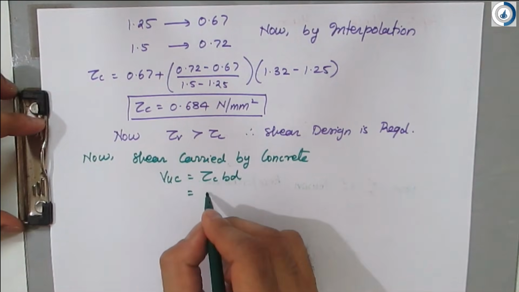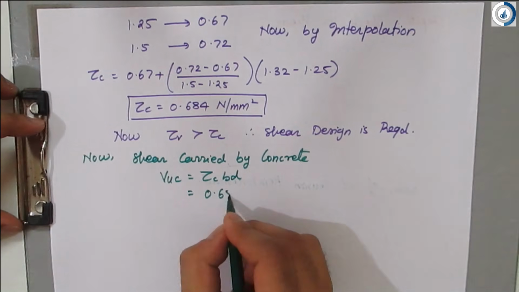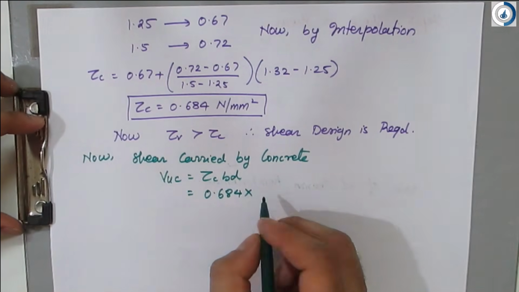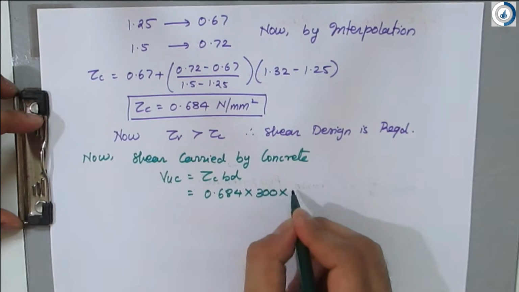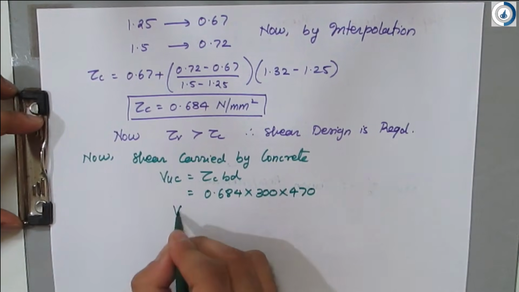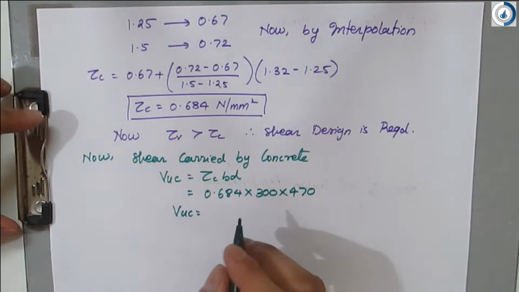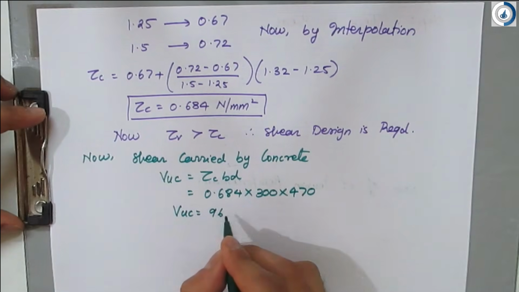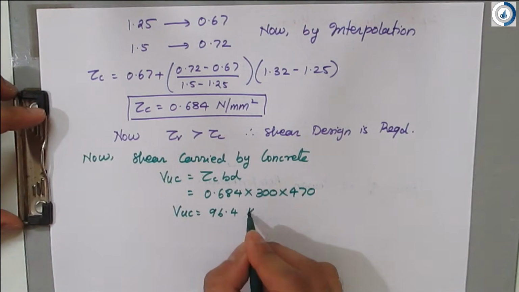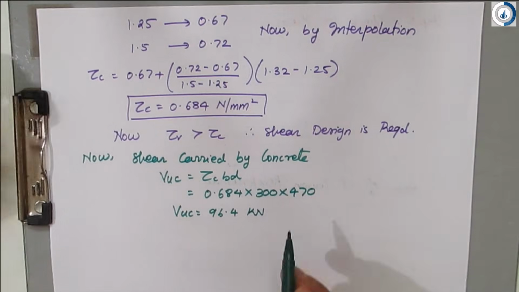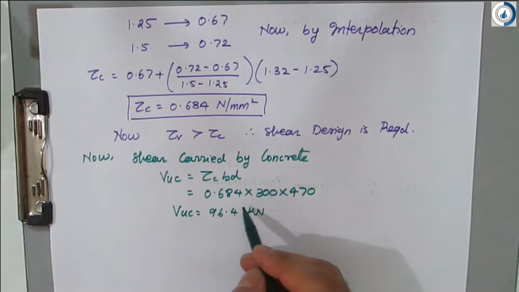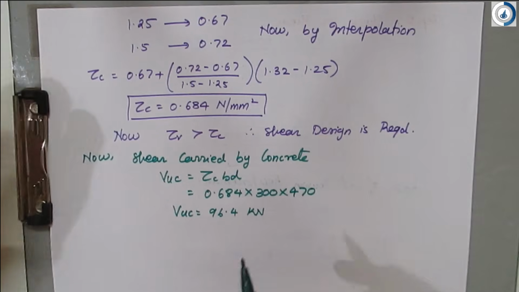The tau C value is 0.684, into B is 300, D is 470. So VUC equals 96.4 kilonewton. Okay, so you'll be getting 96,000 some value. I have written here in kilonewton.